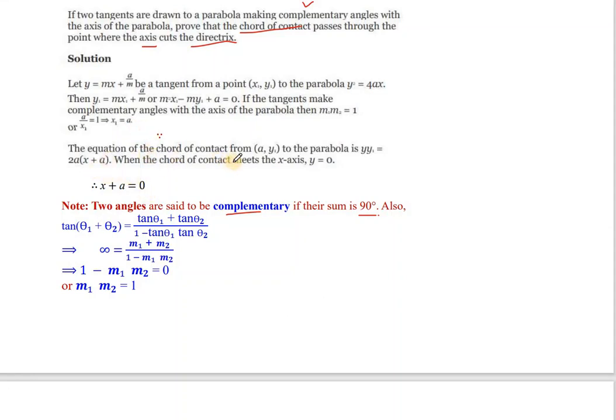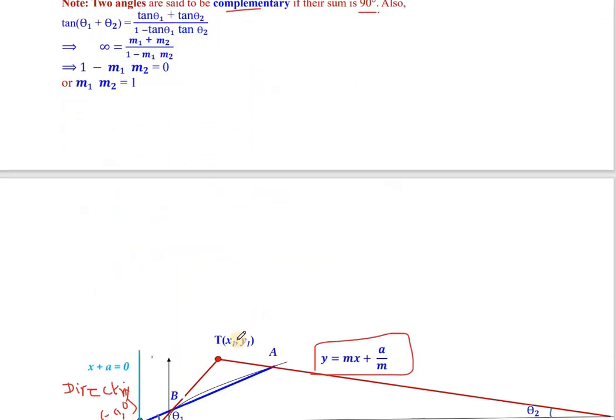So the point now becomes (a, y1); first we had x1, y1. Having got this, we are yet to get the equation of the chord of contact. Having got this from the given condition, now we can write out the equation of the chord of contact.